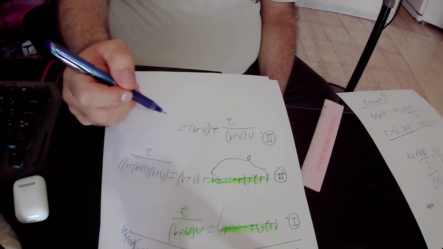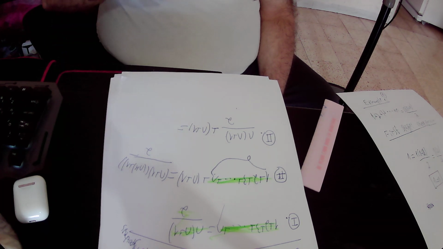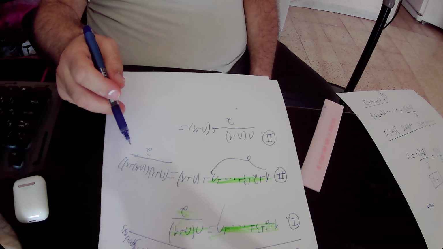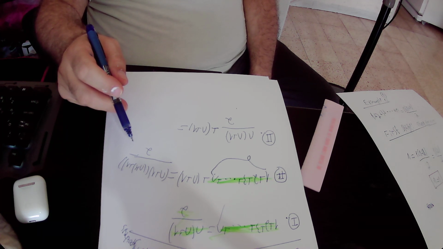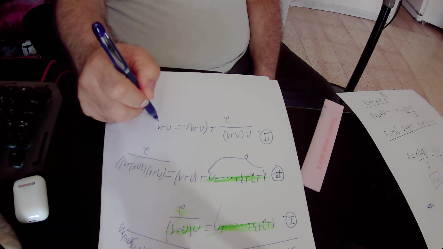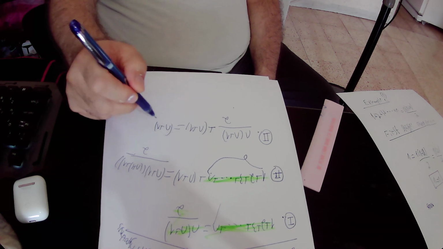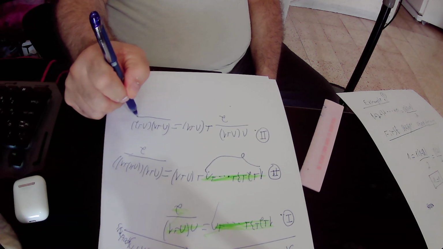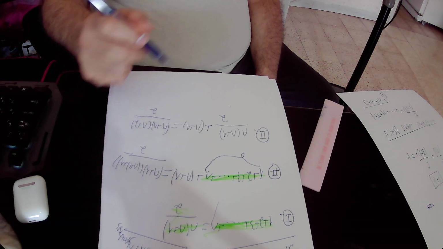All equals to n plus 1 times n plus 1 plus 1. N plus 1 plus 1 is n plus 2, so we will write it. It is n plus 1 times n plus 2, all divided by 2.